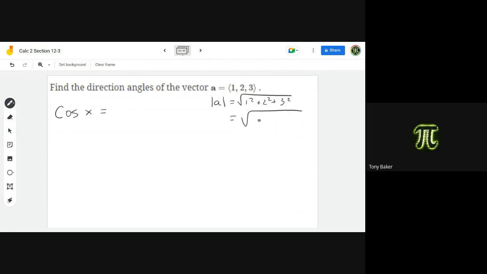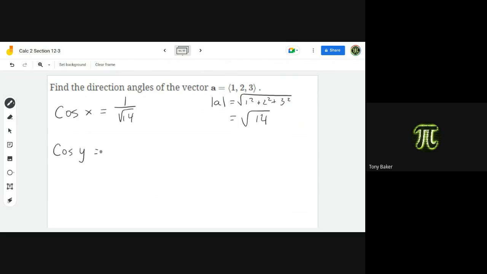And 4, 9, 13. Wait, not 13, 14. All right, so my cosine of x is 1 over the square root of 14.